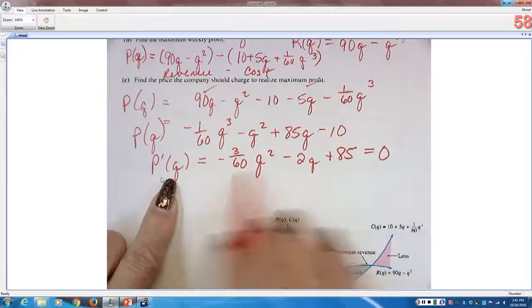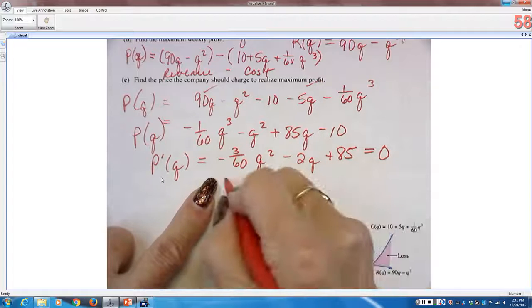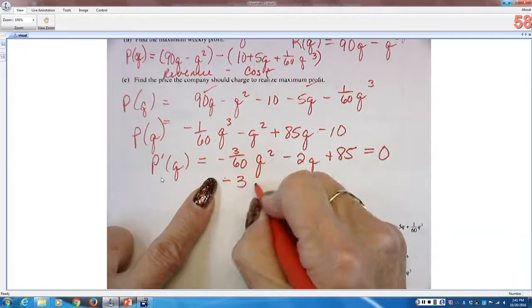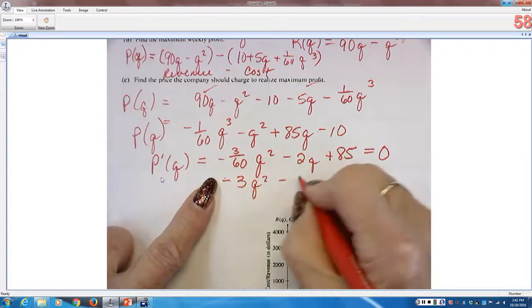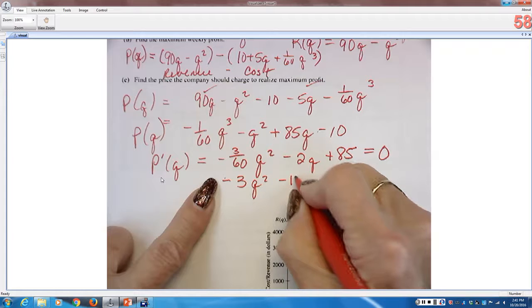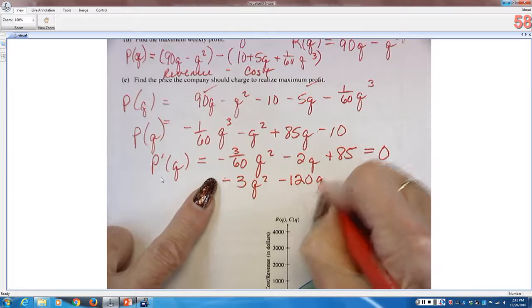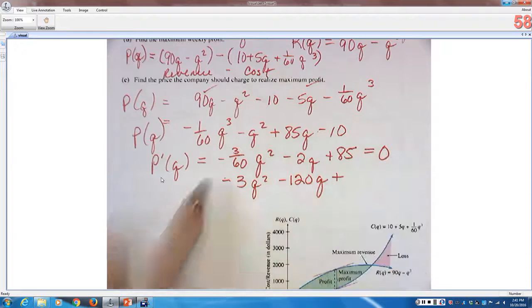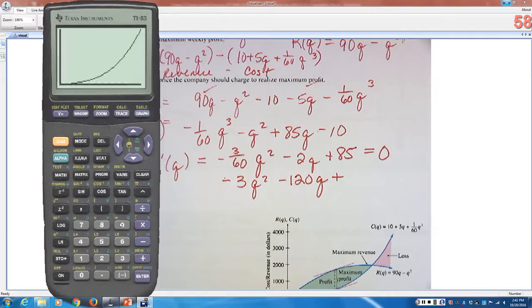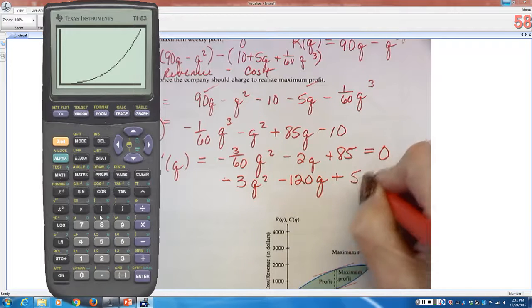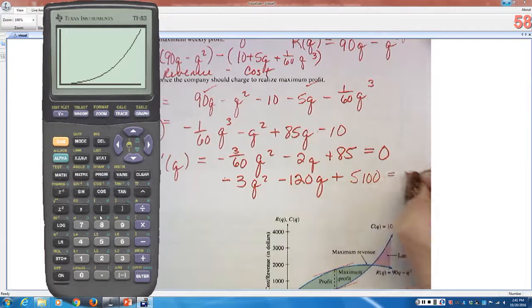I'm going to make this a little bit simpler by multiplying the whole thing through by 60. So negative 3Q squared minus 120Q plus 5,100 equals 0.